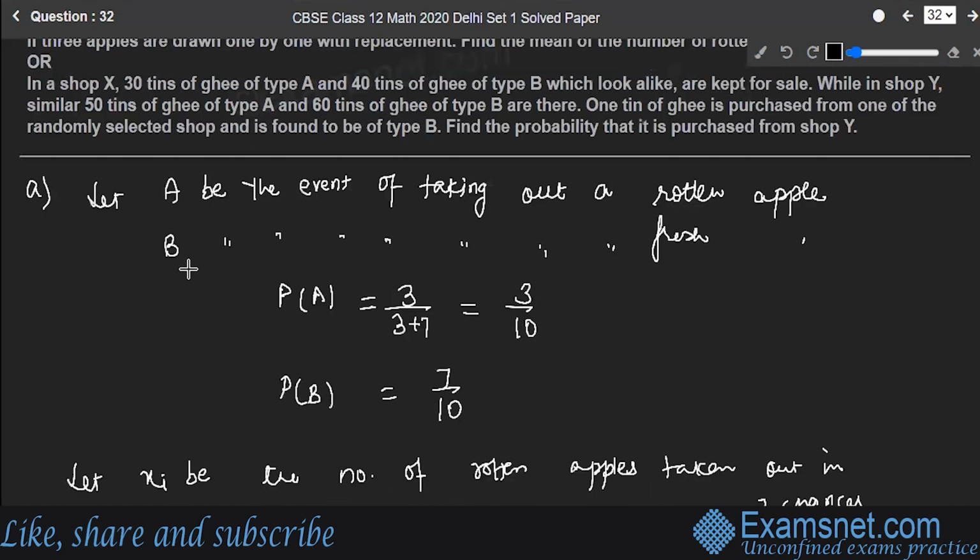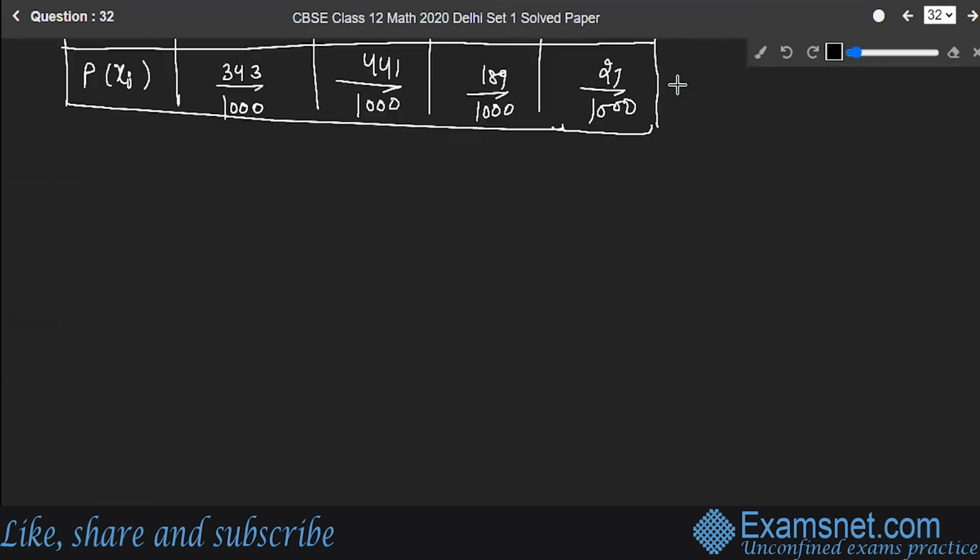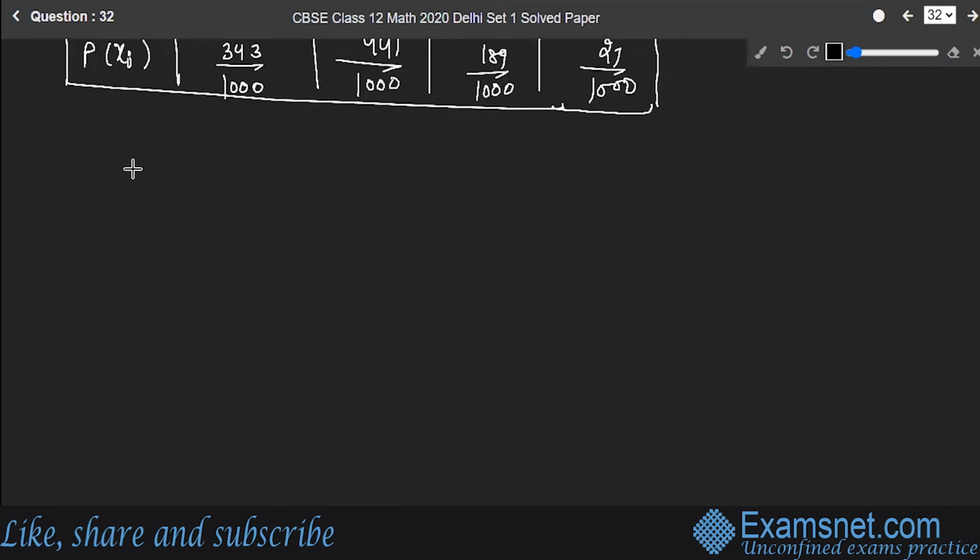Okay, what we had to find out in the question was the mean of the number of rotten apples. The mean is given by the summation from i equals 0 to 3 of Xi into P of Xi.